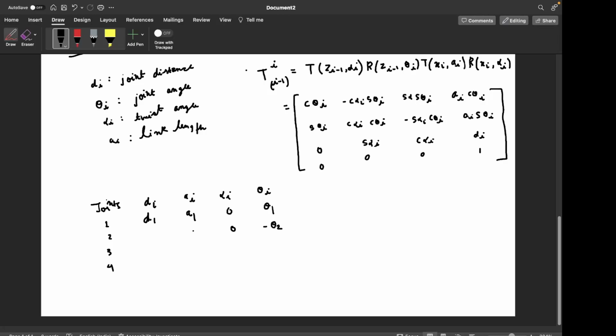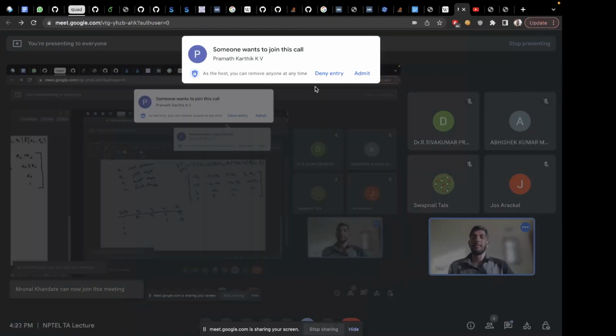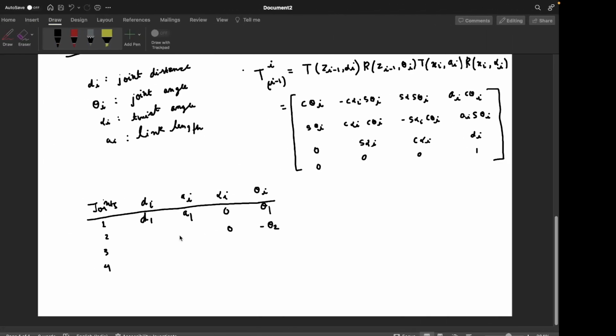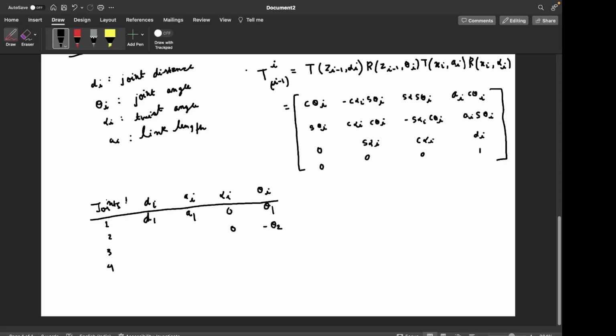Wait, let me draw a line here. Okay, now the link length parameter will be a2.